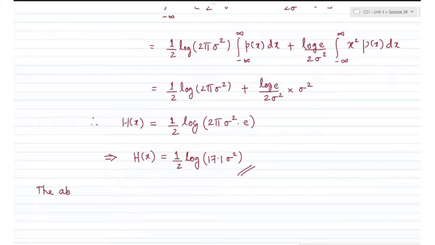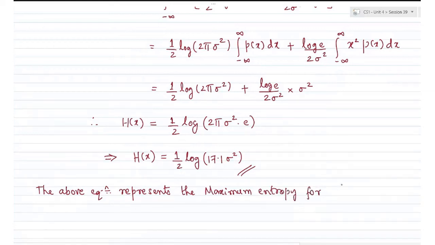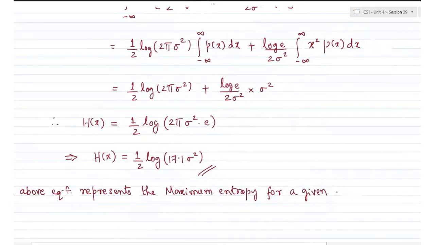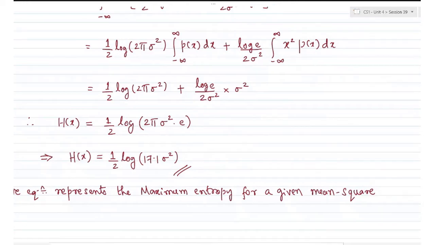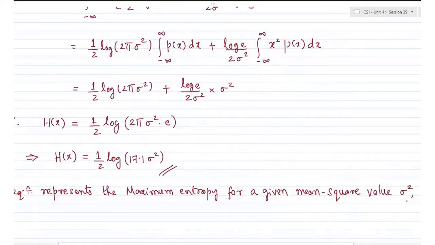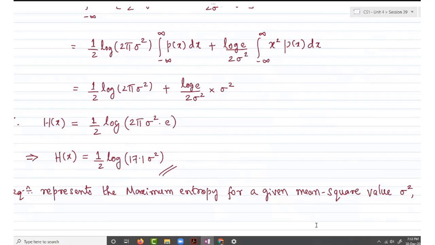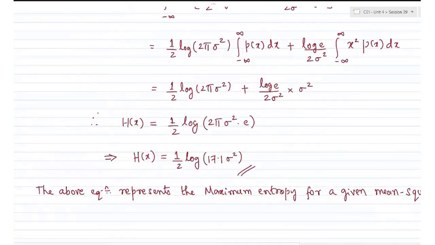The above equation represents the maximum entropy for a given mean square value, sigma square, and of course the distribution is Gaussian.